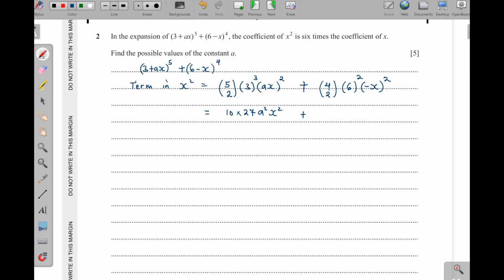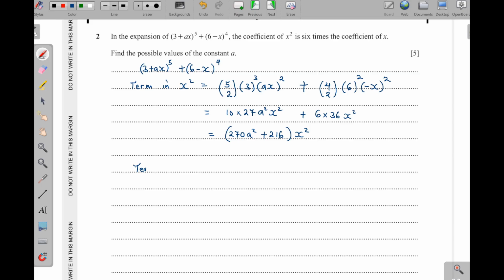And then here 4 combination 2 is 4 times 3, that is 12, divided by 2, that is a 6, then times 36 here, and then x squared, a negative squared will give us a positive. So that means here I'm getting 270 a squared, and then here 6 times 36, that is 216, then x squared, that is the term in x squared.